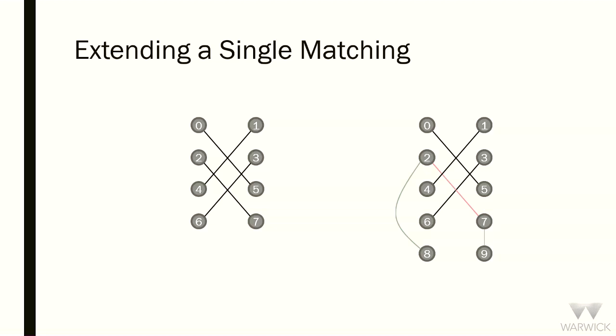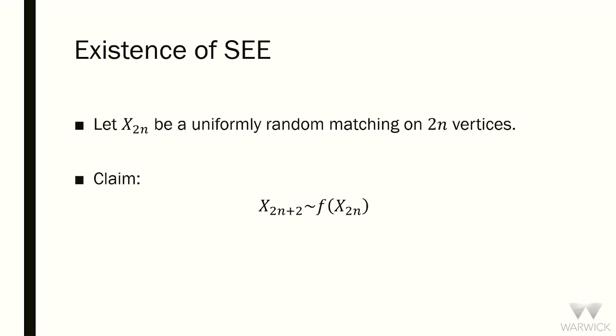And if in the first step you sampled number 8, you simply terminate the process. Okay? And it's easy to prove that if we start with a uniformly random matching over 2n vertices, this process ends with a uniform matching over 2n plus 2 vertices.